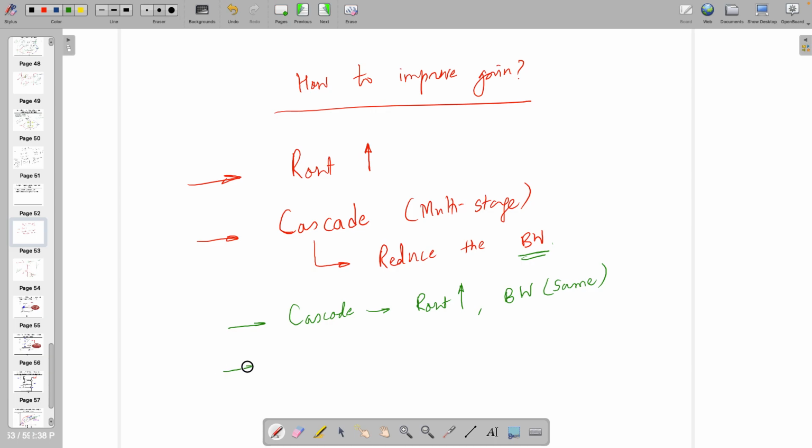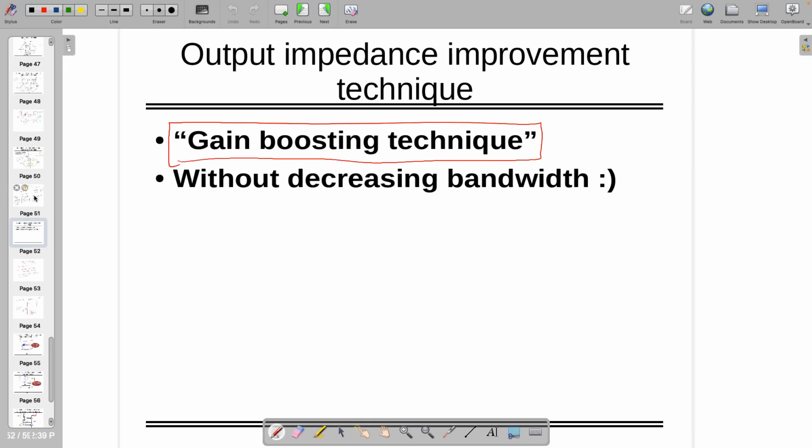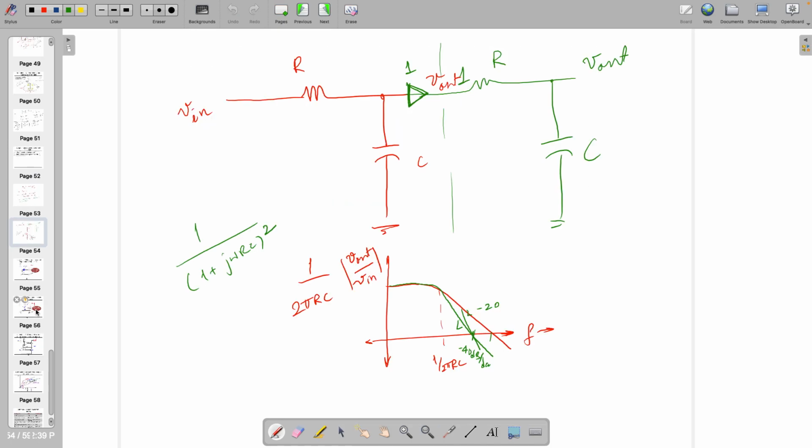But we want to have more, where we are going to implement something called the gain boosting technique, as written over here, and we want to have Rout as high as possible with or without decreasing the bandwidth. This is what we want.